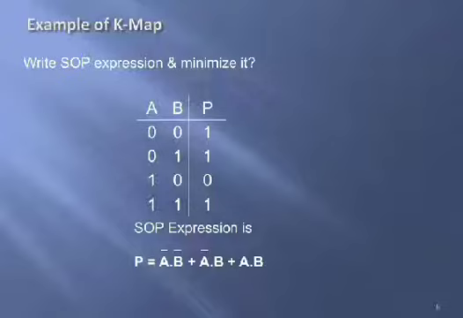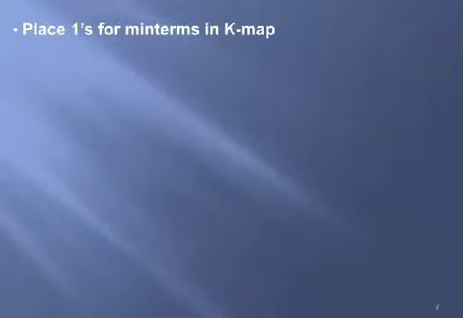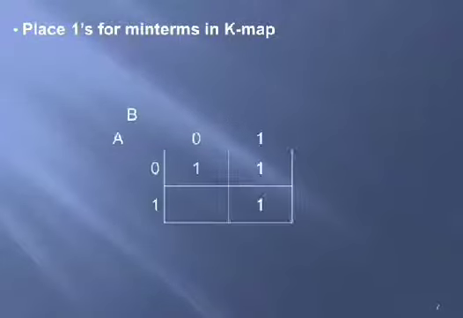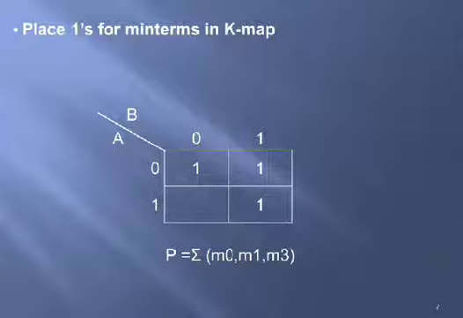Now we will see how to write the expression with the help of a two-variable K-map. Place ones for minterms in the K-map. I am considering A and B as the two input variables. For 00 the output is 1, for 01 the output is 1, for 10 the output is 0, and for 11 the output is 1.